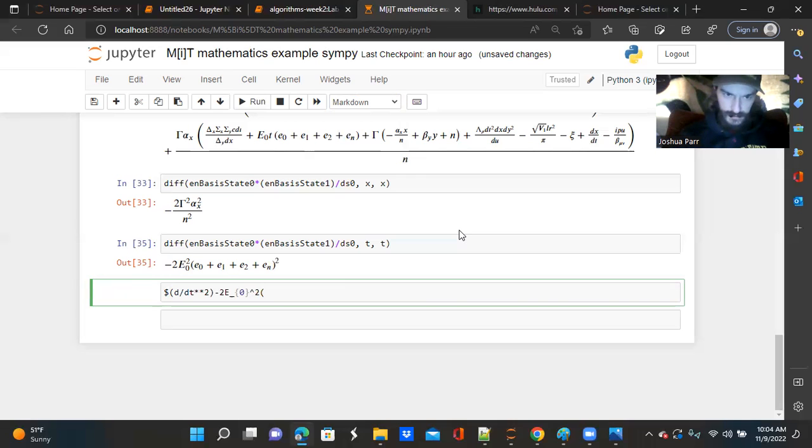Collective energy state, basis state, collective energy eigenstates here, E naught plus E1 plus En e to the N plus, no plus, square, just square. That is all. This is statement. Run.